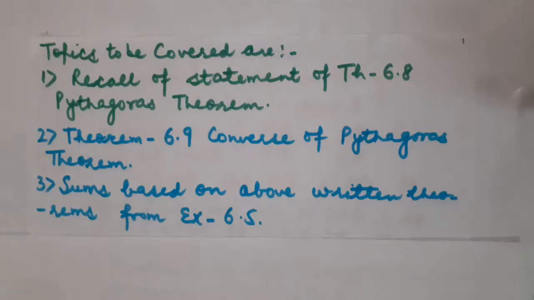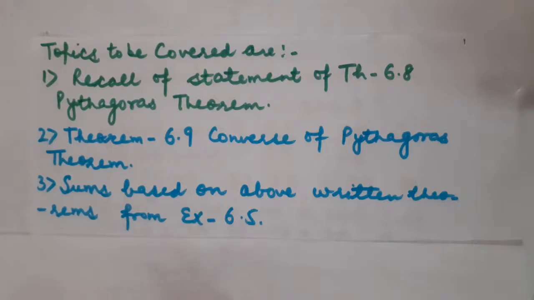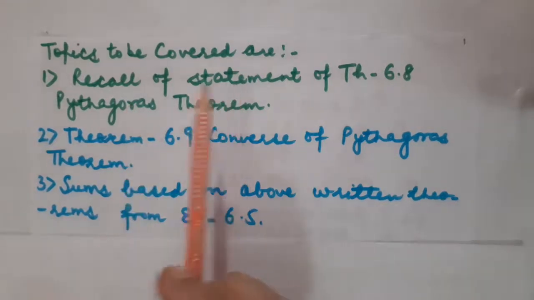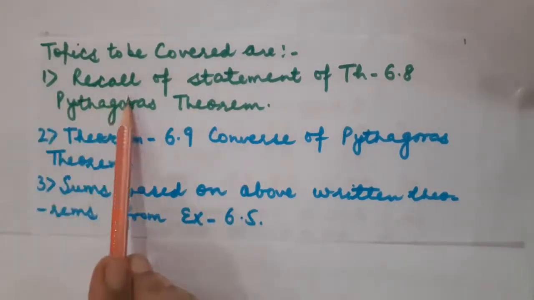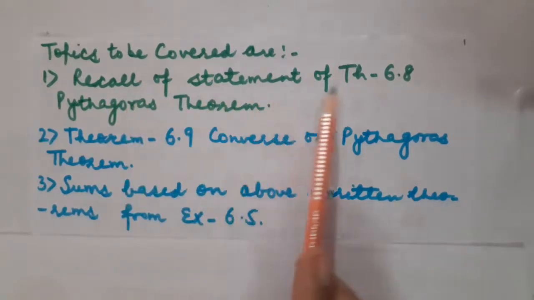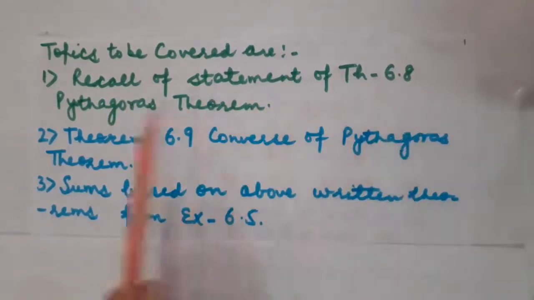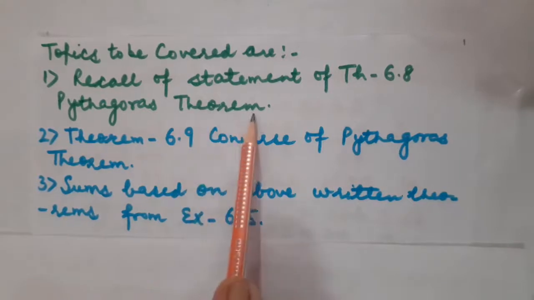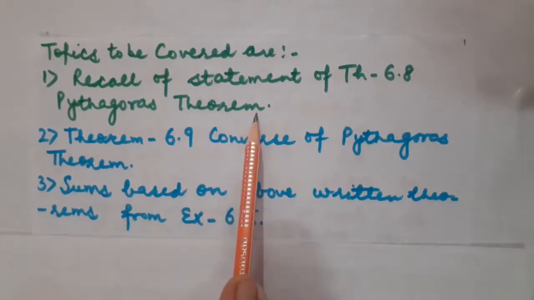Children, in today's lecture number 10 of chapter number 6 triangles, the topics which I am going to cover are: number 1, first of all I will make you recall the statement of theorem 6.8, which is actually Pythagoras theorem, which I made you understand yesterday in my previous video.